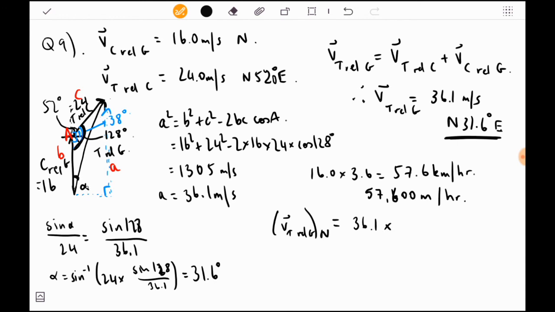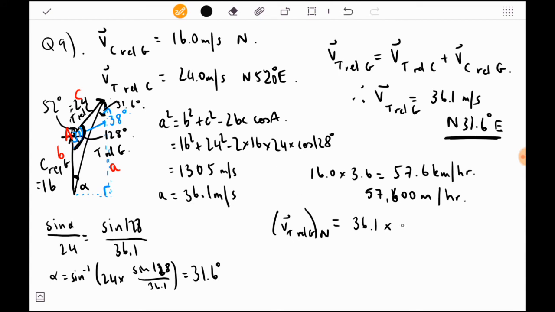the sine of this angle here, or the cosine of this angle up here. Through our angle rules, we know that this angle up here is equal to this angle down here, which is 31.6 degrees.